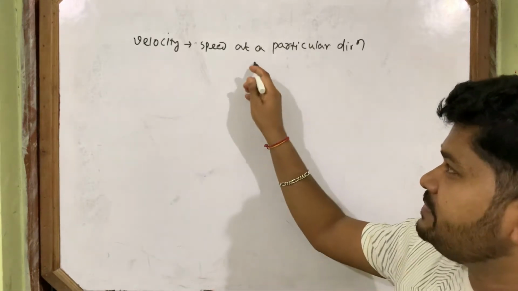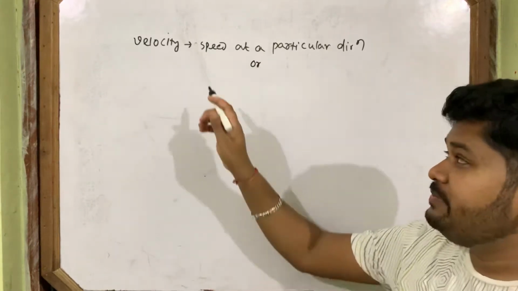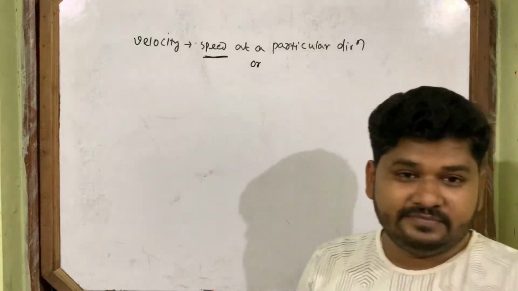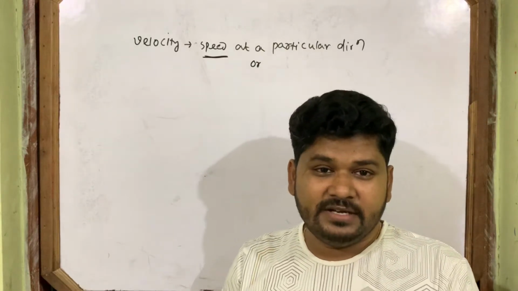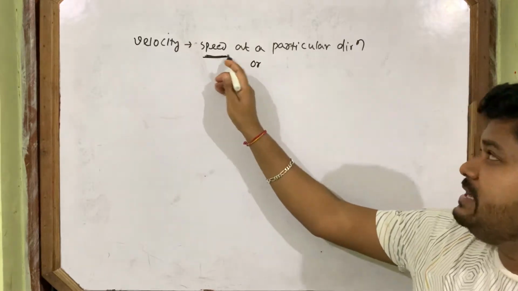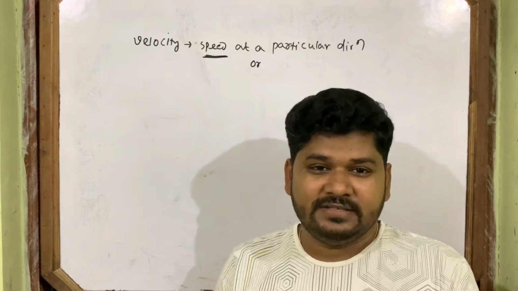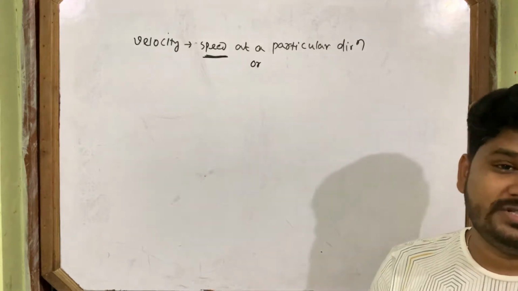Or we can state its definition: distance covered by a body per unit time, which is nothing but the definition of speed, distance covered by a body per unit time in a particular direction. So direction is also added there. It's called velocity.